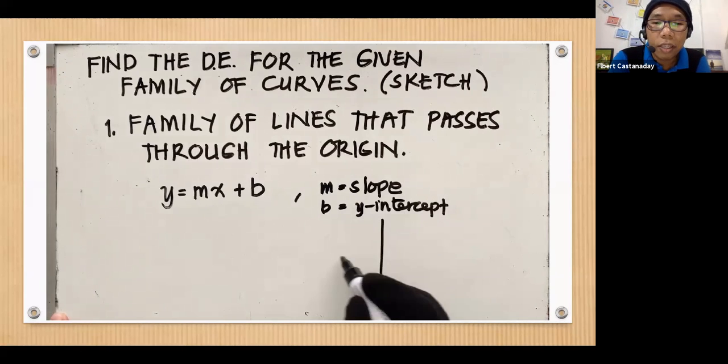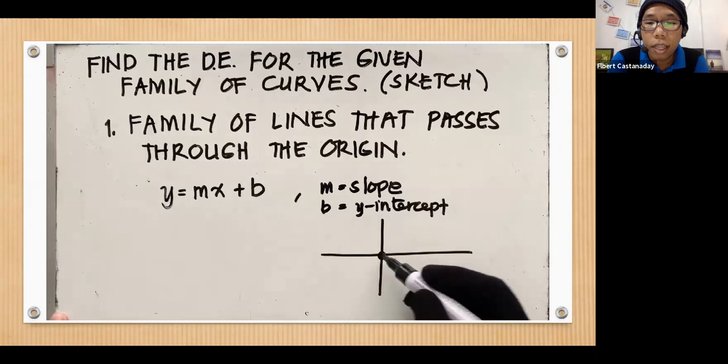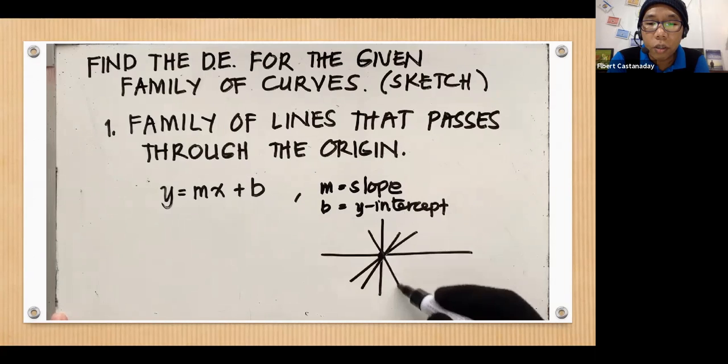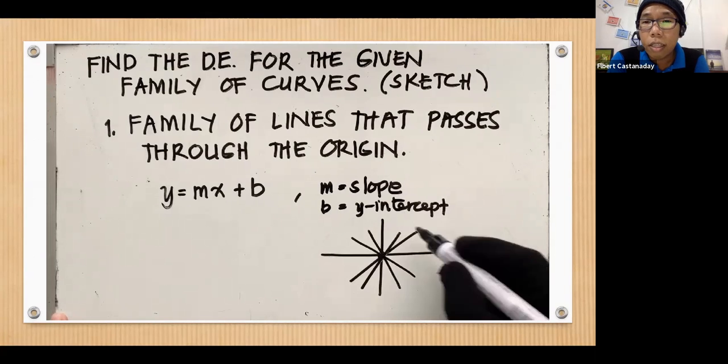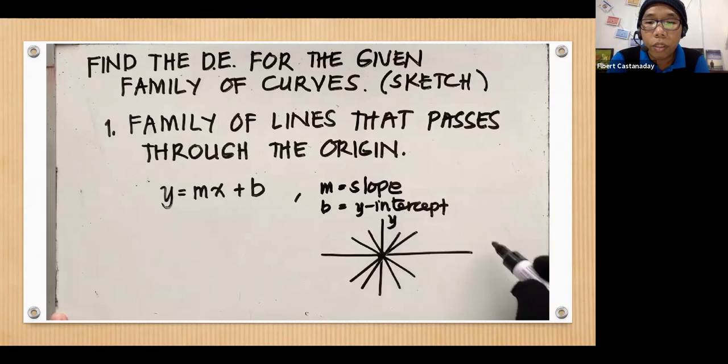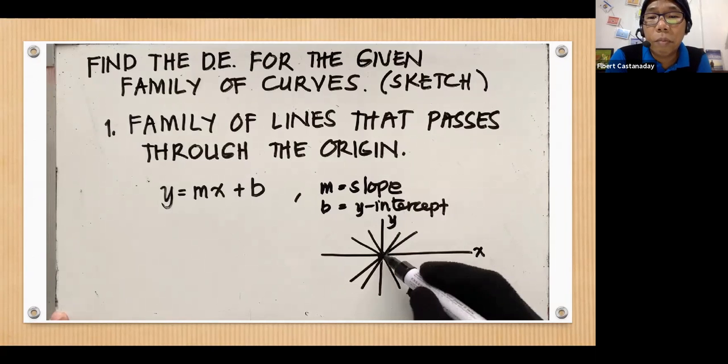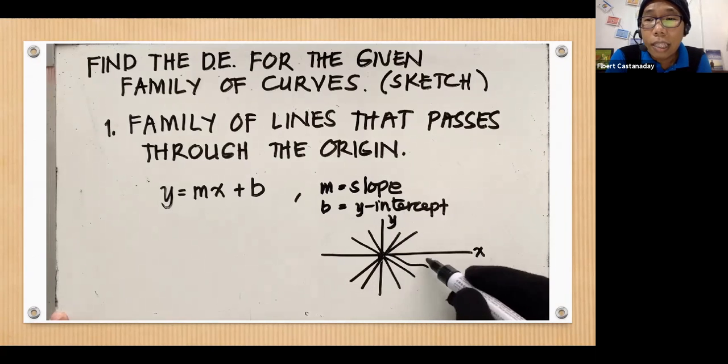papakita ko na yung drawing. So this is how you sketch. Lahat ng lines daw na dumaan sa origin. So ito yung sample ng graph nito. So ibig sabihin, isa lang yung intercept na dumaan sila sa 0.